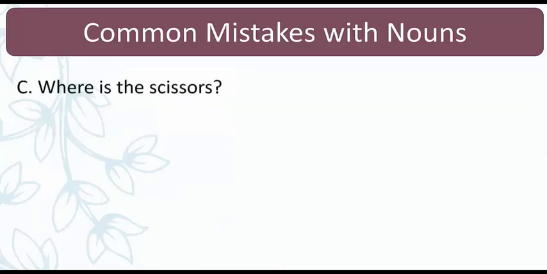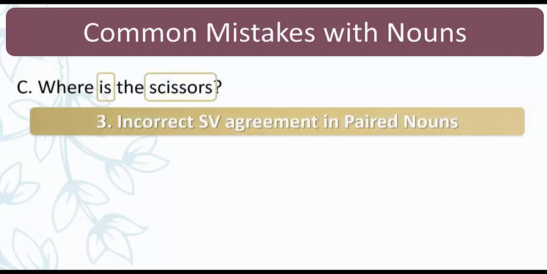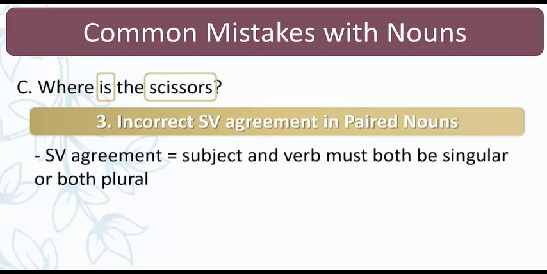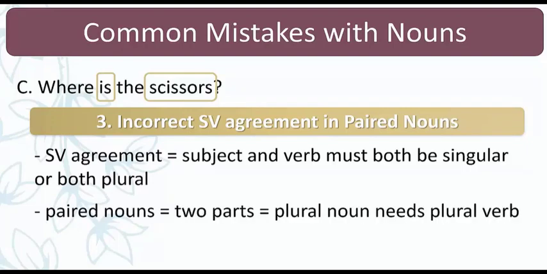In the next sentence, "where is the scissors," we have incorrect subject-verb agreement in paired nouns. Subject-verb agreement means the subject and verb must both be singular or plural. Paired nouns, however, have two parts, and that makes them plural nouns that need plural verbs.